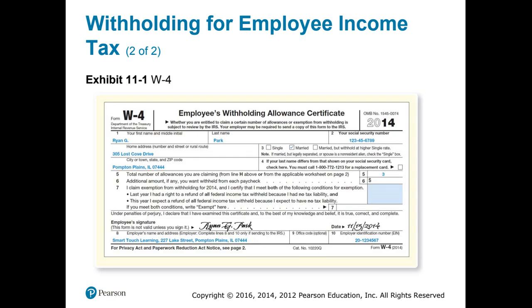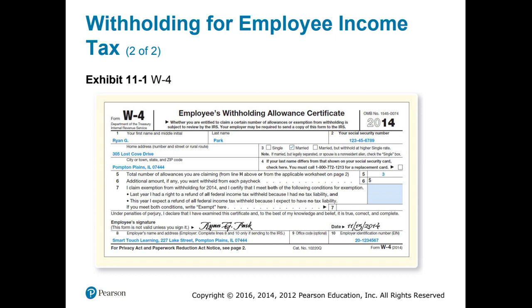And so here we have an example of withholding for employee income tax. This is a Form W-4. This is your employee withholding allowance certificate. So we see here we've got the person's name, their social, their address, and then this person is claiming a total number of allowances of 3.